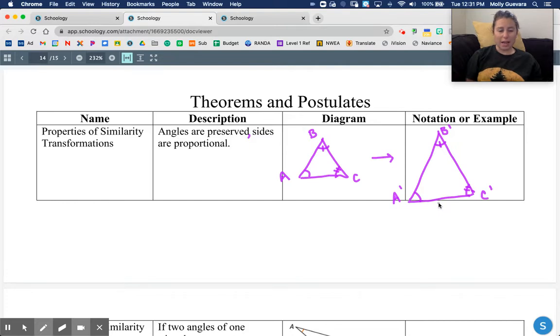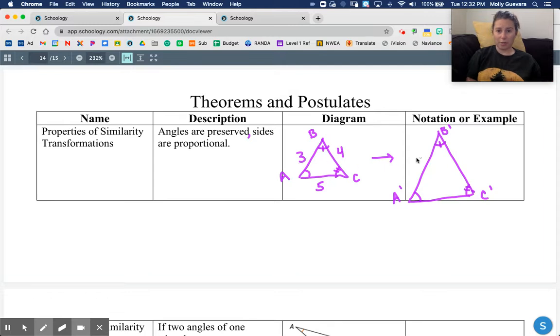And then the side lengths have to be proportional, meaning they all multiply by the same number. So if this is like 3, 4, and 5, let's just say, making up numbers here, then in order for this triangle to be similar, I would have to multiply by the same number to all three of these sides. So let's say that I dilate it by a scale factor of 2.